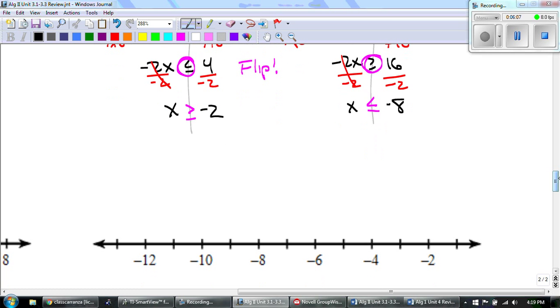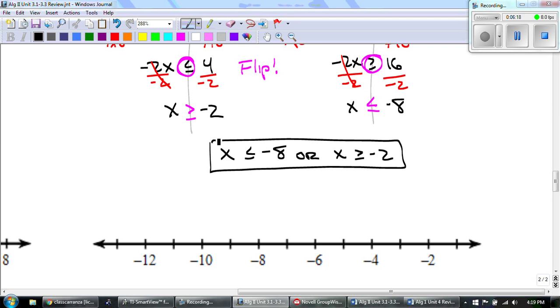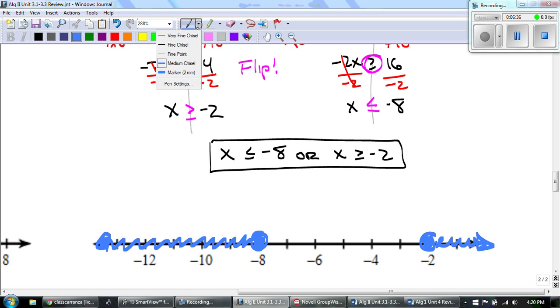As I write my final answer, remember that they have to be written in order from least to greatest. Now I can do my shading. At negative 8, we're closed, and I'm shading to the left. At negative 2, we are closed, and I'm shading to the right. So where does my graph begin?